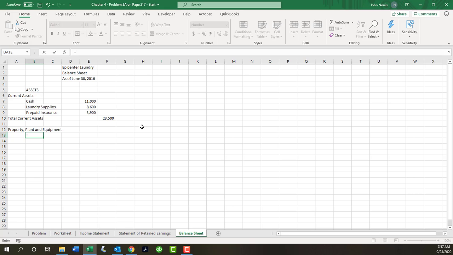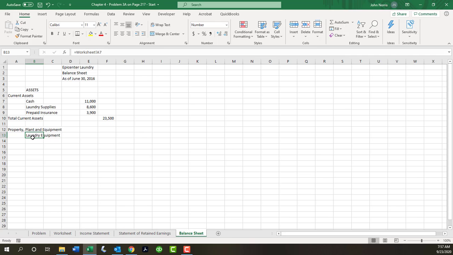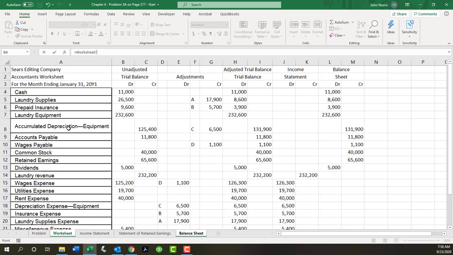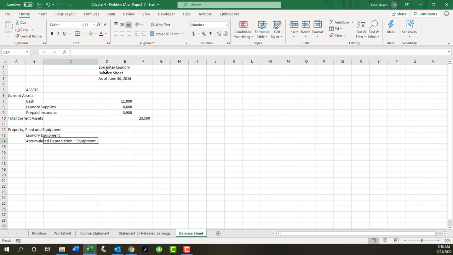Consists of 1, which is the laundry equipment, and then less the accumulated depreciation on the equipment. Let's make that a little bigger so that that all fits.